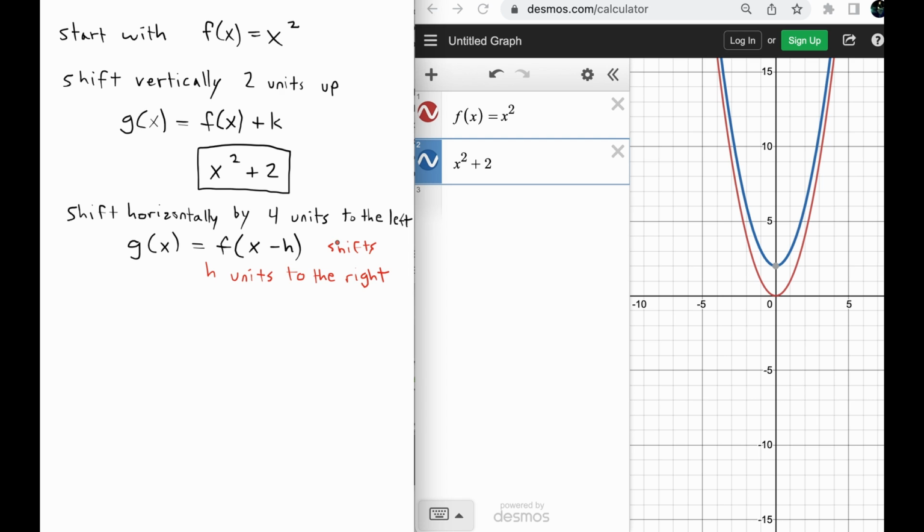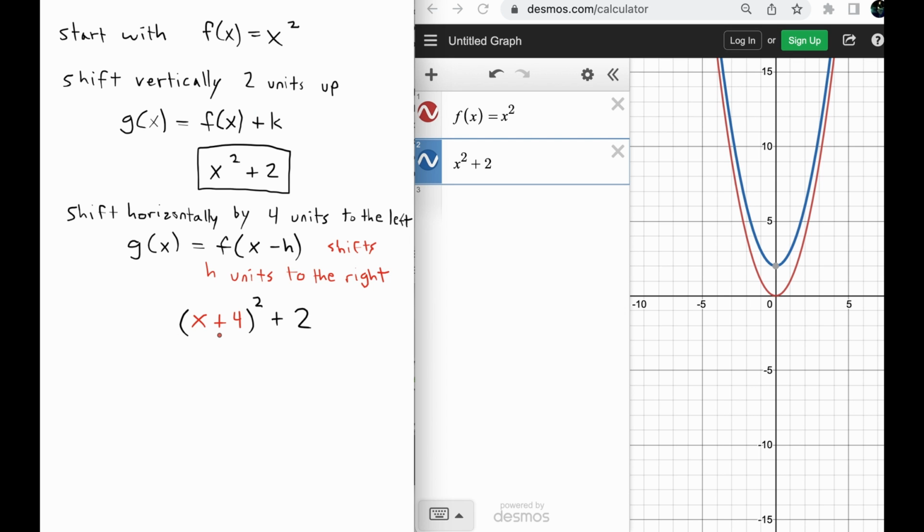And so I wouldn't use a subtraction, I'll use an addition instead on my problem. But what I have to do is I have to take my original, I have to write open parentheses where the variable x used to be in the formula. And so what I do is I replace that x now, and I'll do x plus 4.